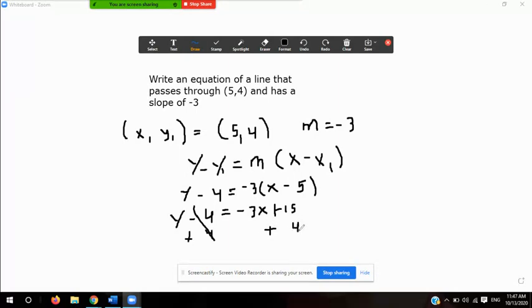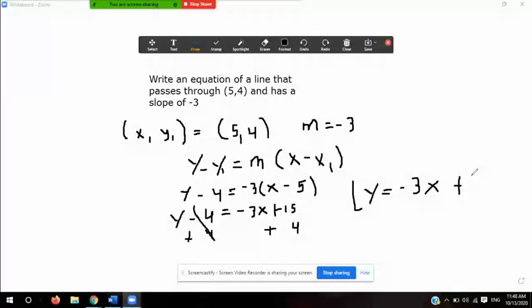So basically your answer is going to equal, I'm going to write it here, y is going to equal negative 3x, because there's nothing I can do with that, and 15 plus 4, excuse me, is 19. So plus 19.